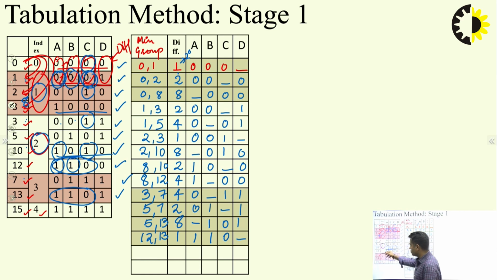Similarly, we can proceed with the next stage, index 3 with index 4. 7, 15 difference is 8. So 7, 15 will also make a group, and we can check 0-1-1-1 and 1-1-1-1, which gives dash-1-1-1. 7 and 15 difference is 8. 13 and 15 difference is 2, so 13 and 15 will also make a group: 1-1-dash-1, the point of difference is dash.